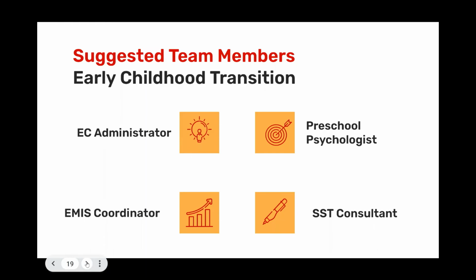Many times the preschool psychologist is the person working directly with early intervention to ensure this process is happening and looking at those timelines. So again, consider your preschool psychologist. Your EMIS coordinator would be another great person to include in this process to be sure that any checks and balances that need to be in place are there. And then if you did have a timeline issue, then you would want to include the state support team.